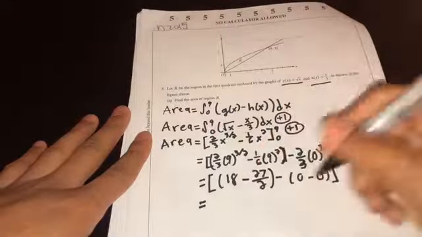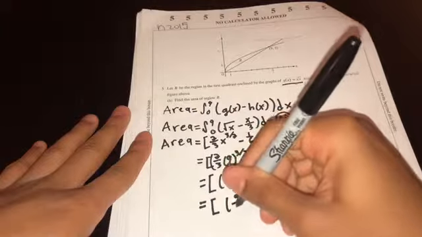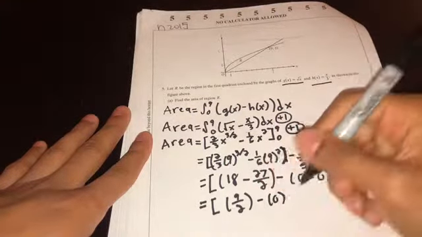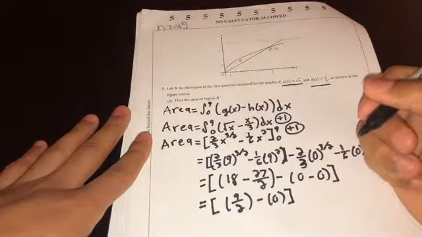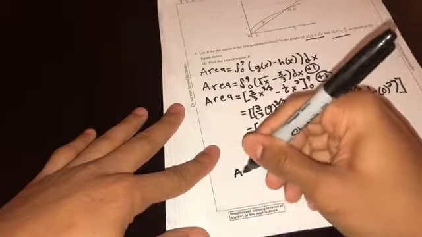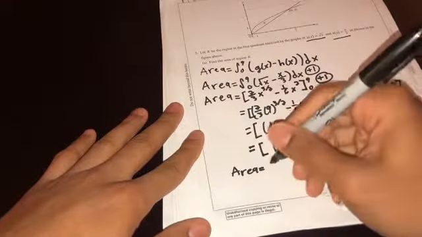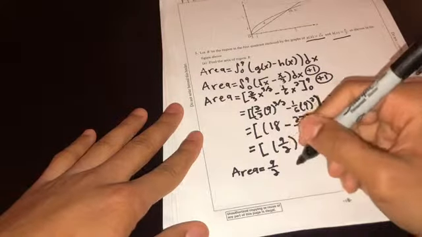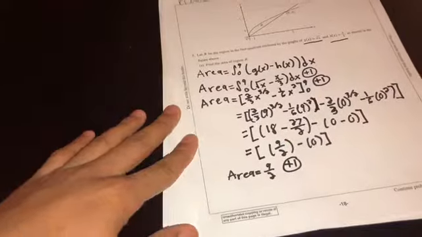And then we're going to get 9/2 when that part simplifies down, minus 0. And that's going to simplify down to the area being 9/2. And then you're going to get a point for getting this answer.